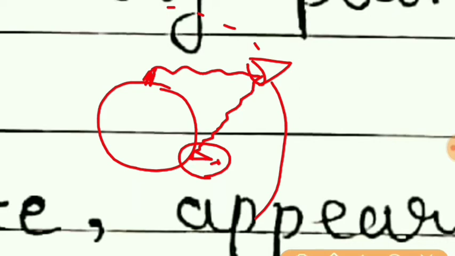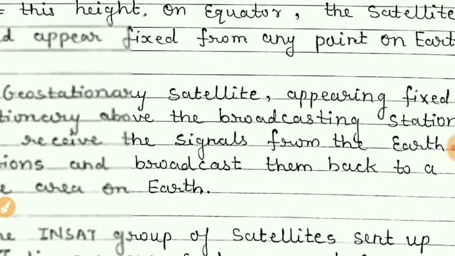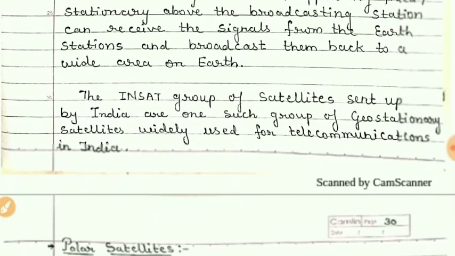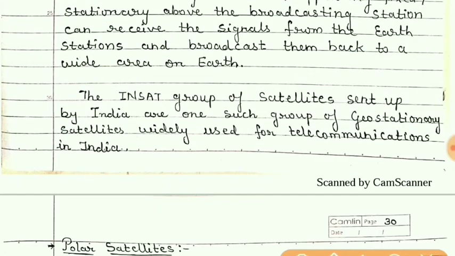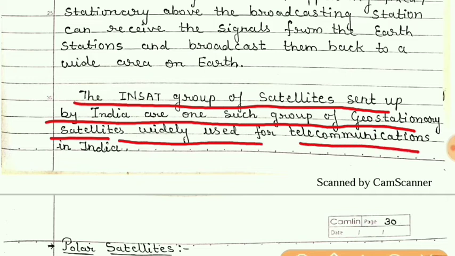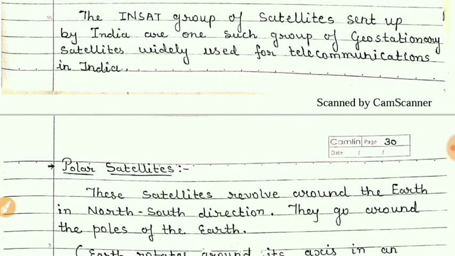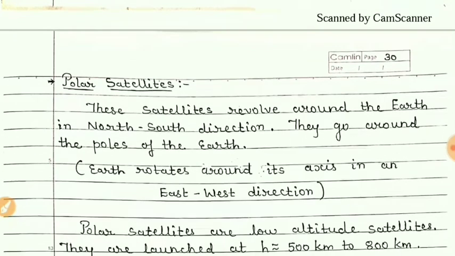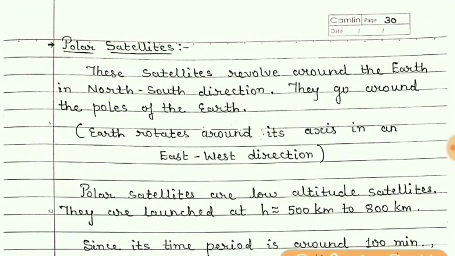So in this way satellites work. Now the INSAT group of satellites sent up by India are one such group of geostationary satellites widely used for telecommunication in India. So that was about the geostationary satellites.